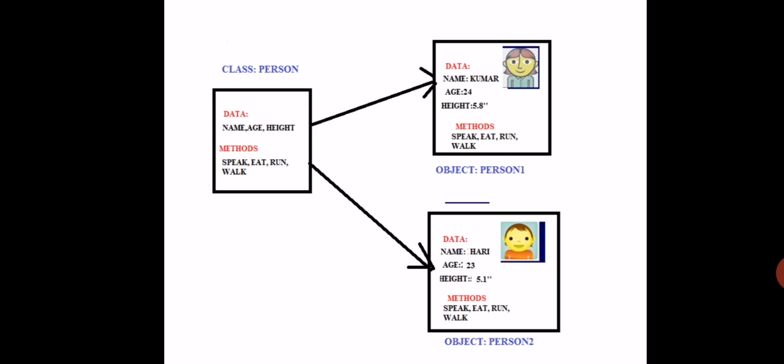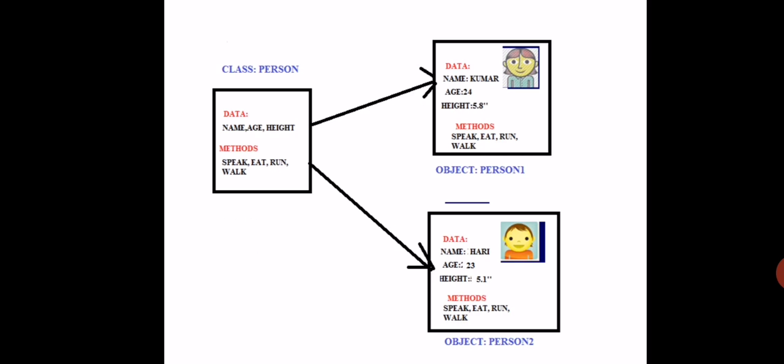The data means properties. For example, consider a class person which contains the data or properties like name, age, height, and methods speak, eat, run, walk.